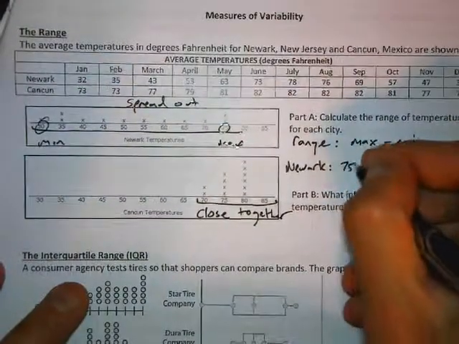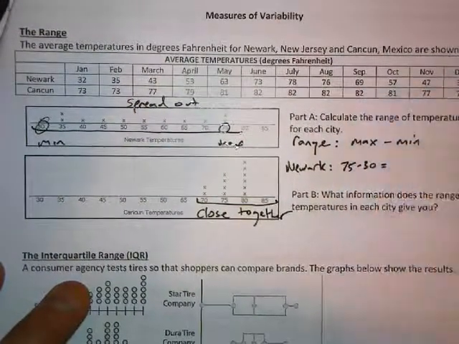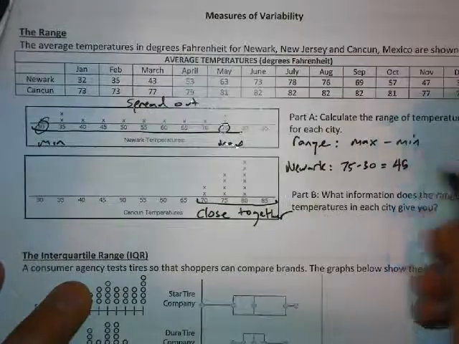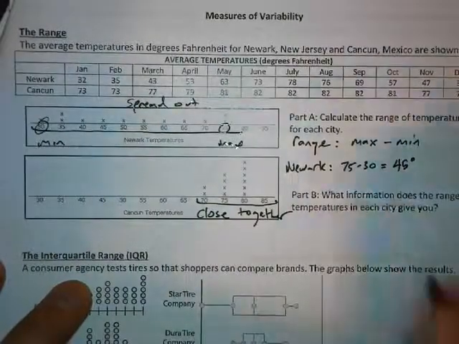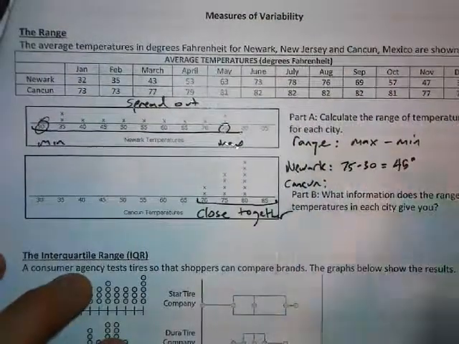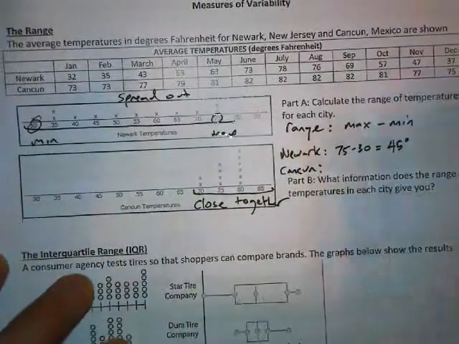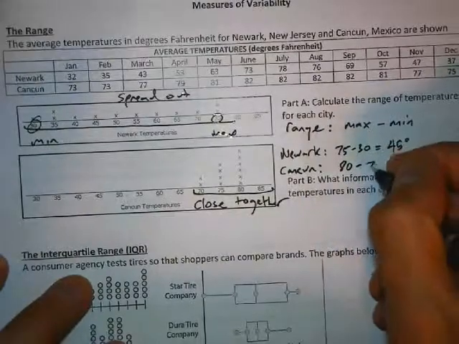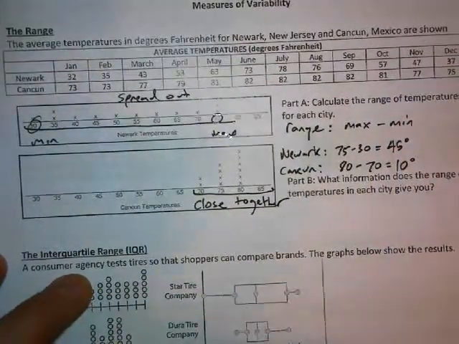So 75 minus 30, the range is 45 degrees. Cancun, it's a much smaller range, and we're going to do 80 minus 70. The range is 10 degrees.